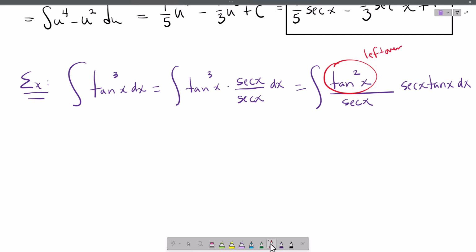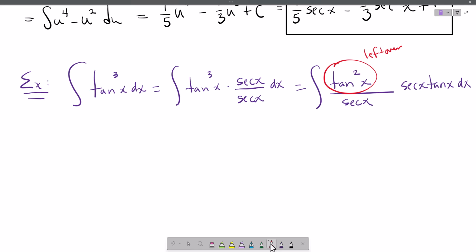If we're focusing on a tangent rule, and the tangent rule says pull off secant, then whatever tangents are left have to be converted. And once again, we know that the derivative of secant is secant tangent, so we want all these to be secants so that we can let u be secant.